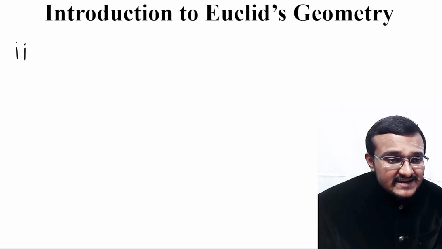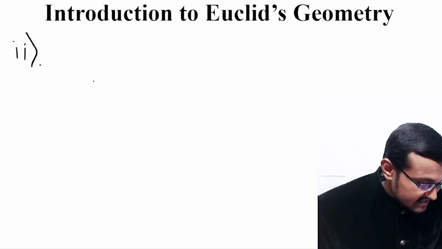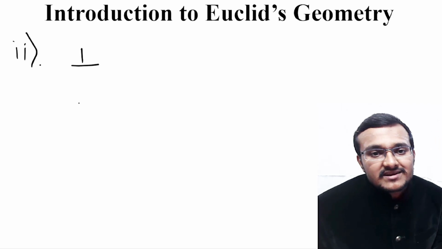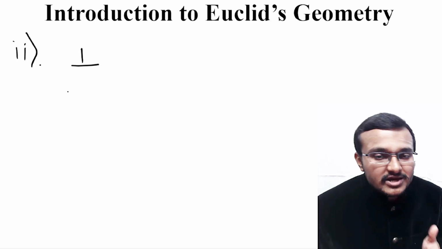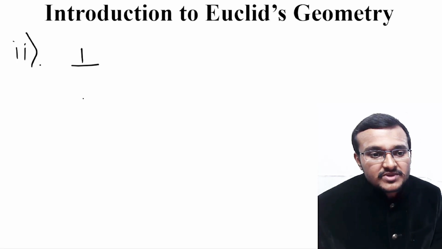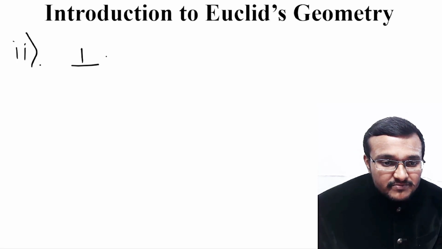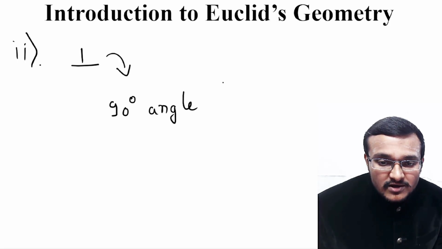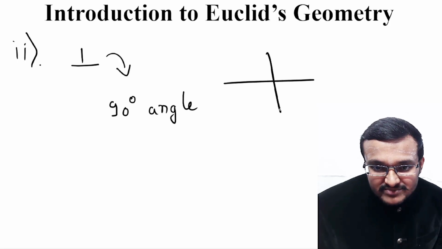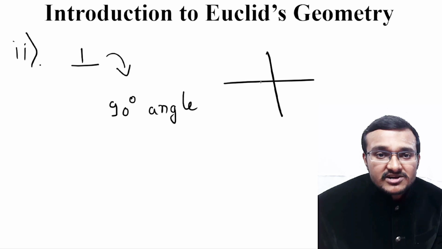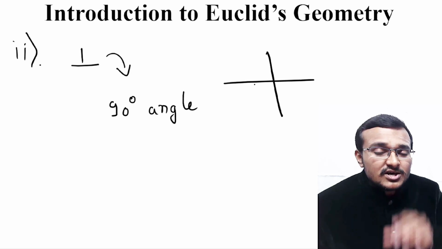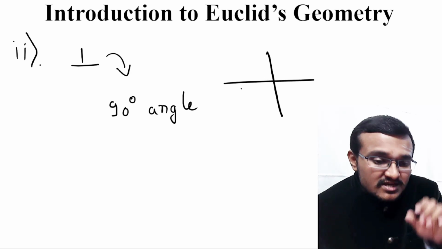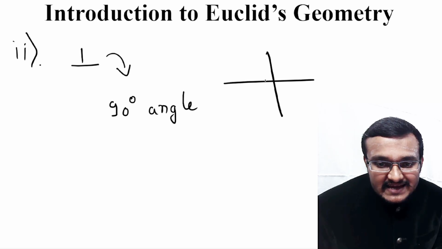Now we look into the second term in the same question: perpendicular lines. For perpendicular lines, a 90-degree angle should be there between two straight lines. Whenever two straight lines are meeting with each other, those two straight lines should have a 90-degree angle.